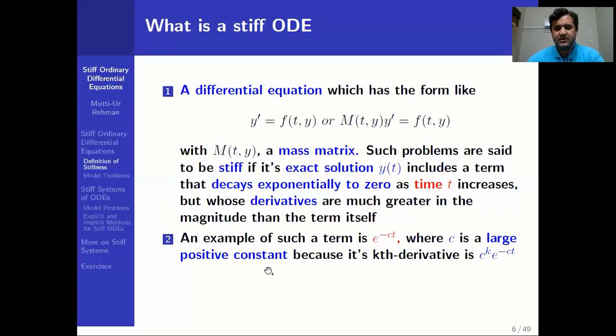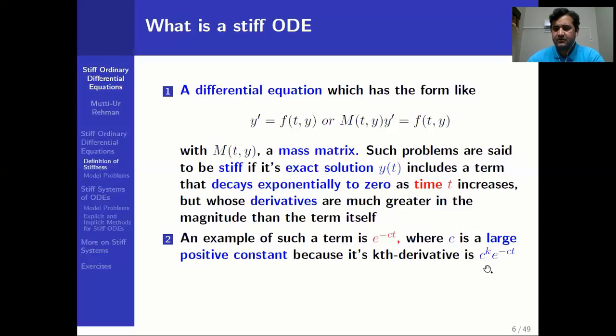As an example, we can consider this to be one of the solutions of this differential equation. Now you have the coefficient of t, let's say c, which could be a very large positive number. If you take its derivative, you will get an expression like this.